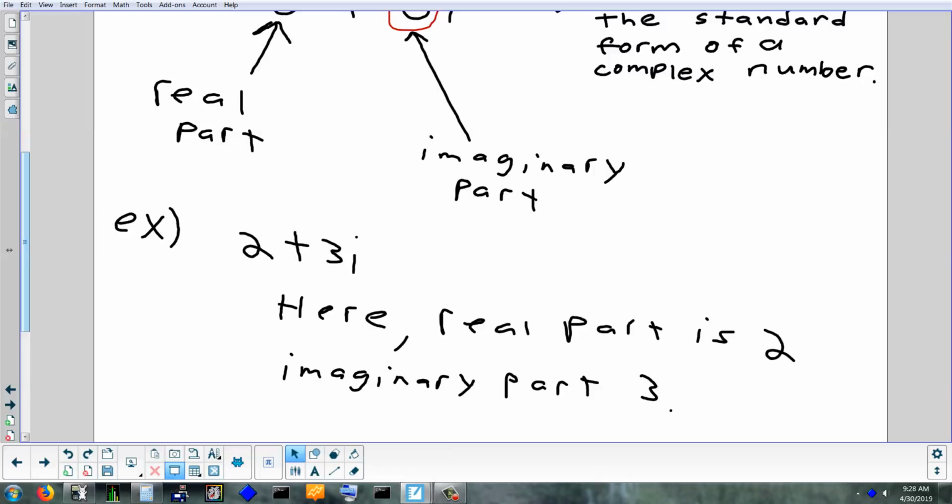The applications of complex numbers are very high-level stuff. They're not simple. It's way beyond stuff that I do. Way advanced stuff. Good. So any questions on what standard form means?